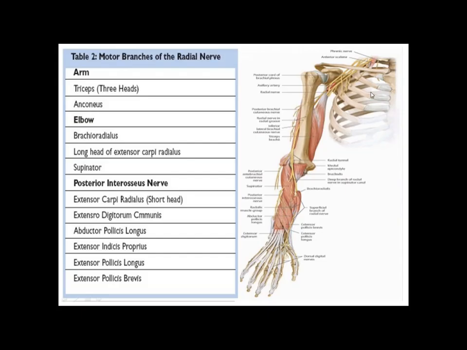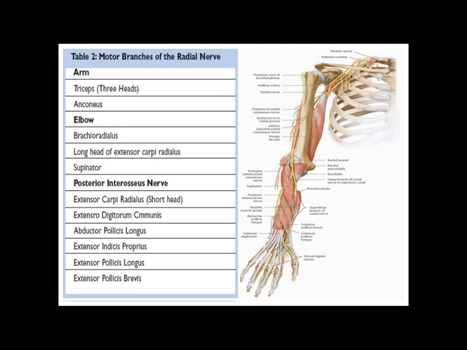Here you can see a detailed picture of the radial nerve. So here is your brachial plexus, and there comes the radial nerve. After it runs from the neck down the shoulder, it goes behind the humerus. Here is your humerus. It goes behind the humerus, and there is a groove called the radial groove on the back side of the humerus.